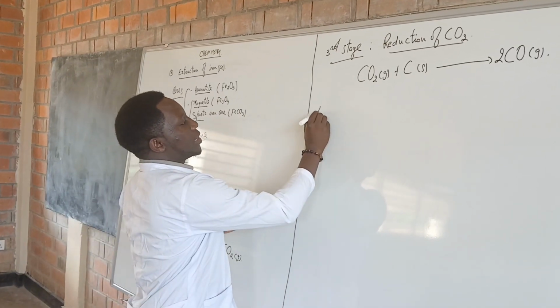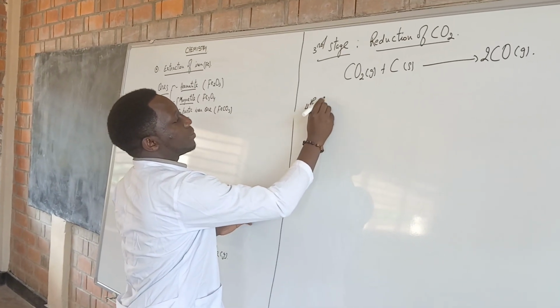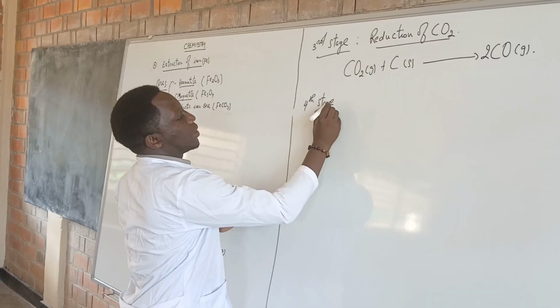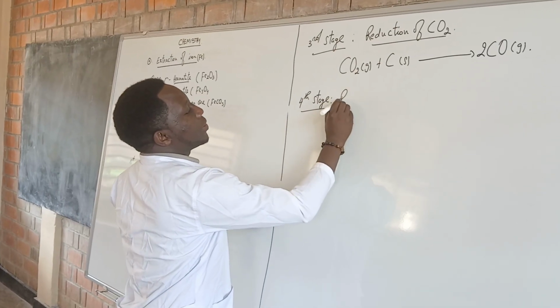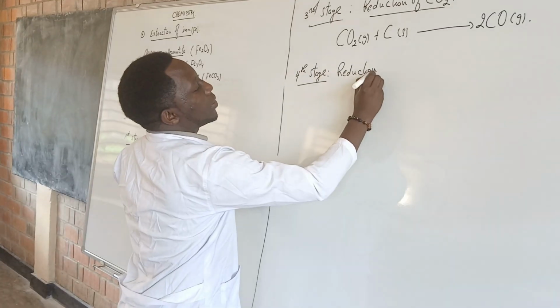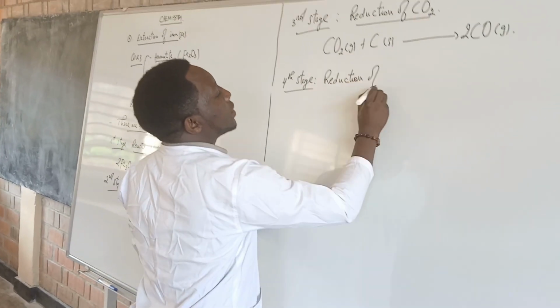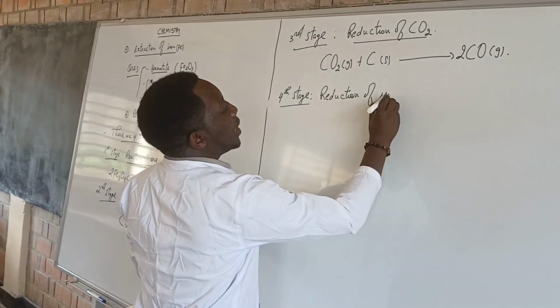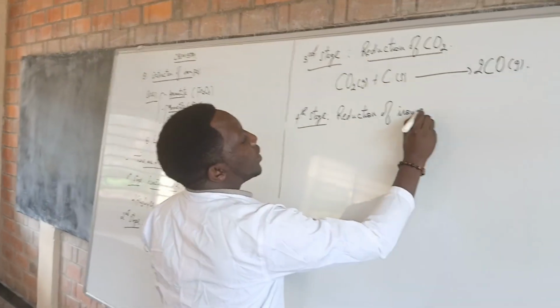The last stage, the fourth stage, is called the reduction of oxide. It is reduction of hematite, reduction of iron 3 oxide.